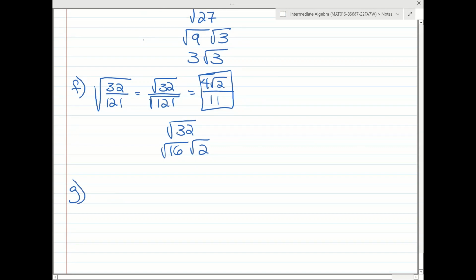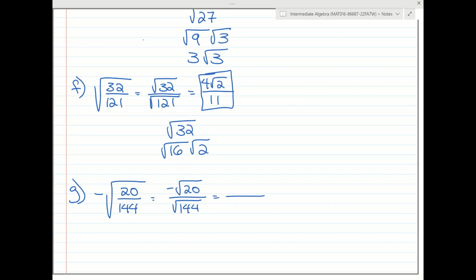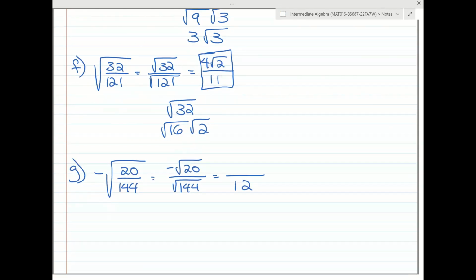Every once in a while, we might put a negative in front. And in this case, we could just put negative on top. It doesn't matter when you have a fraction where the negative is. Square root of 144 is just 12.